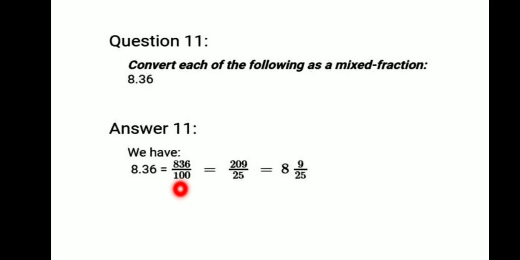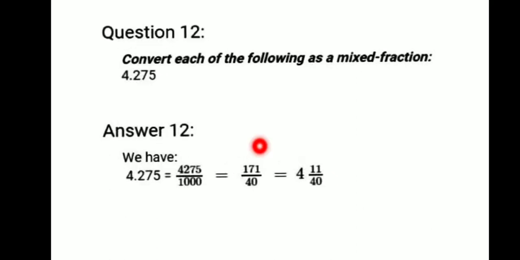Okay, this is divisible by 4, and now here is the simplest form. 209 upon 25, and when you divide 209 by 25, you will get 8 whole 9 upon 25, and this is the mixed fraction and your answer. Now question number 12. Convert each of the following as a mixed fraction.